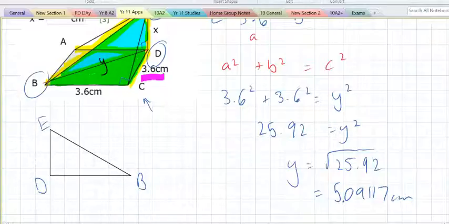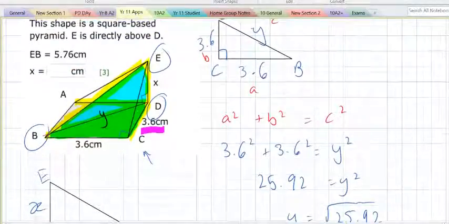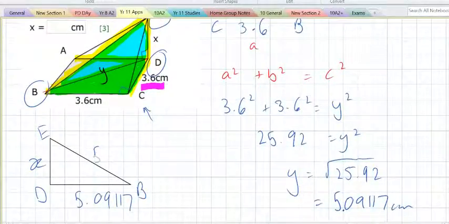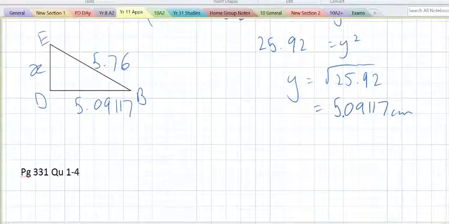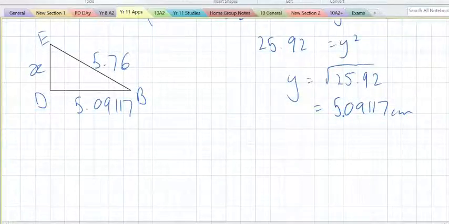The bottom, the line between D and E, is going to be our y, which is 5.09117. Our height, we don't know, that's x. And the diagonal is given as 5.76. Then you can all do the Pythagoras along with me.